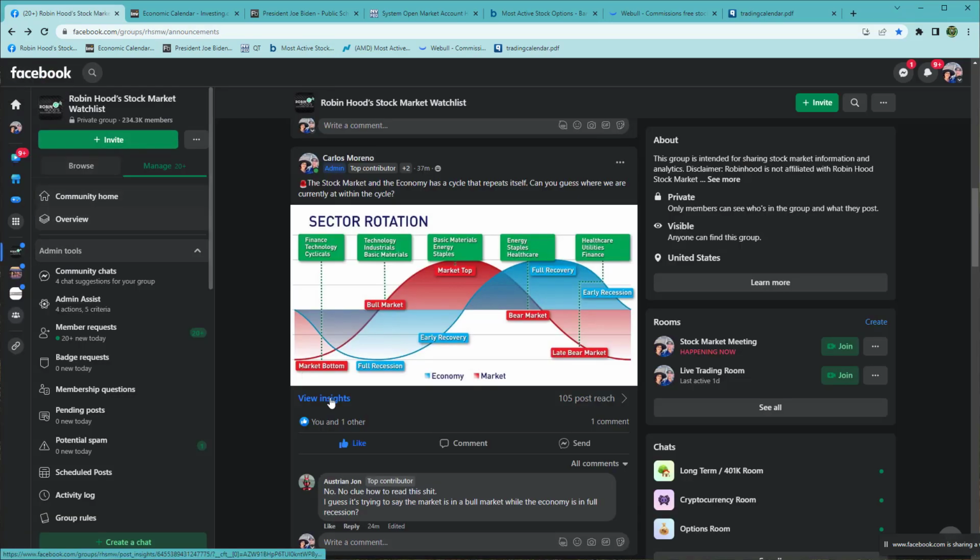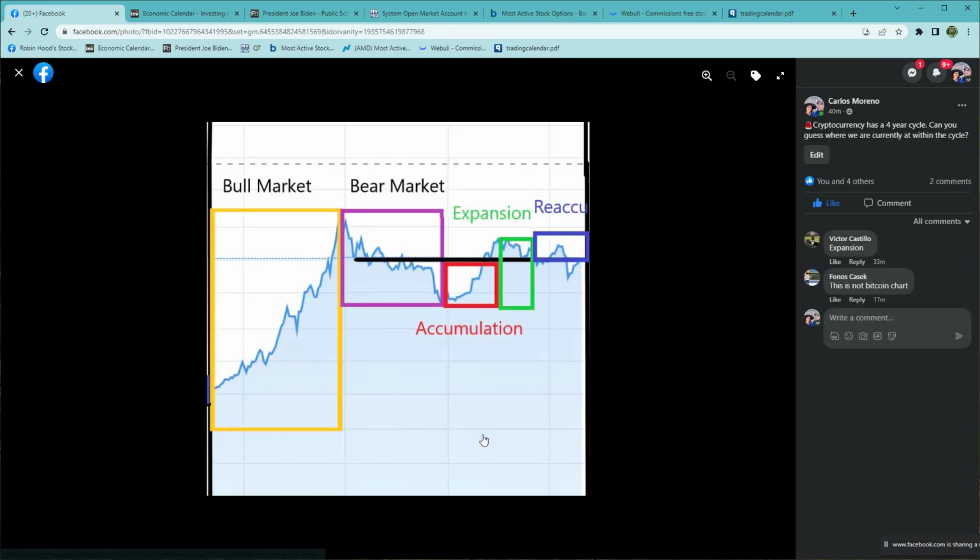Now, the cryptocurrency also has its own cycle, where the stock market typically has a yearly cycle, but the economy has a 10-year cycle. Like you remember in 2008 when we had our financial collapse and automotive bailout. Now, I'm sure we were supposed to have something in 2018. However, we had a different type of president that was more business oriented.